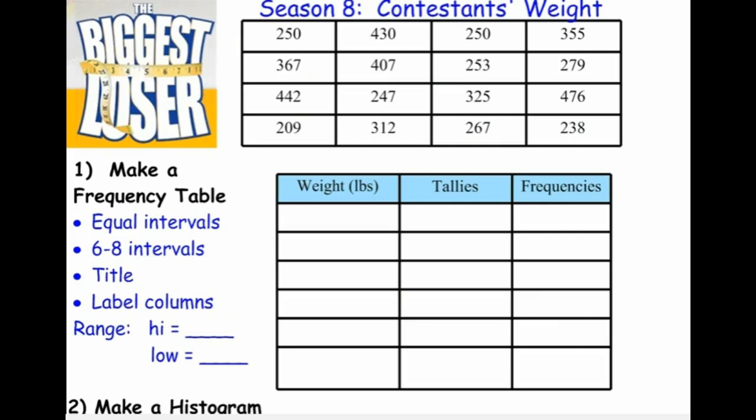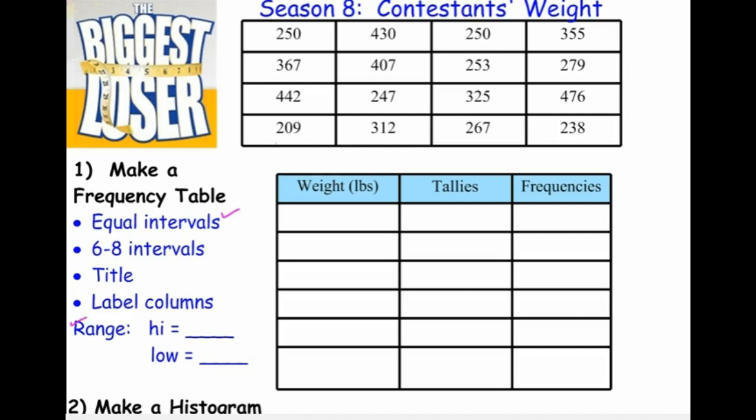So I have some data here from season 8, the contestants' weight when they were on The Biggest Loser. So this was their beginning weights. And we're going to use that data to take us into a frequency distribution first and then into a histogram. So first thing I want to do is create equal intervals. But in order to do that, I need to know what the range of my data is.